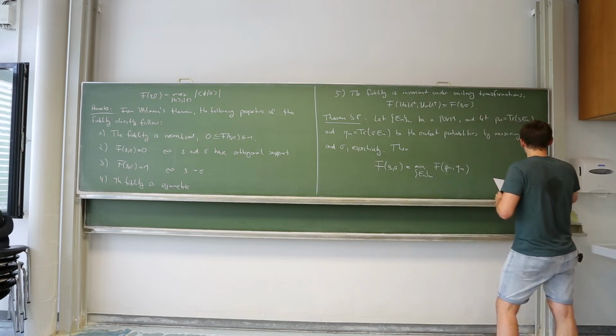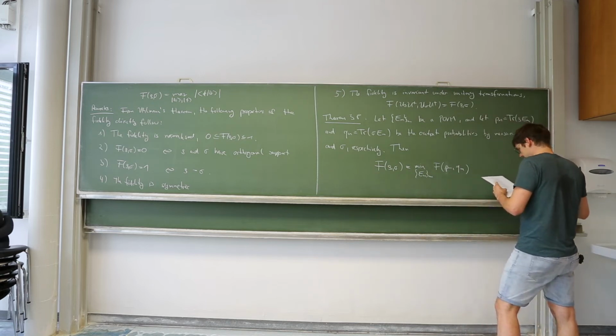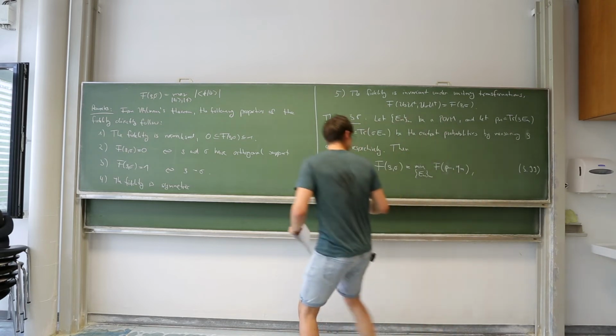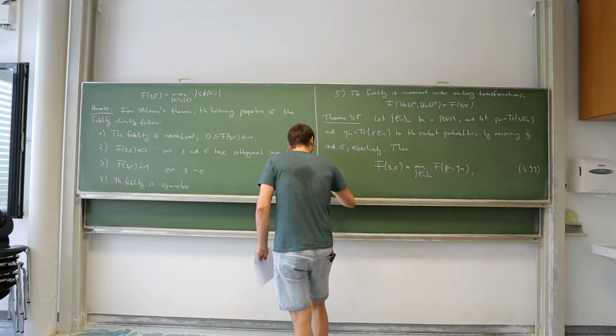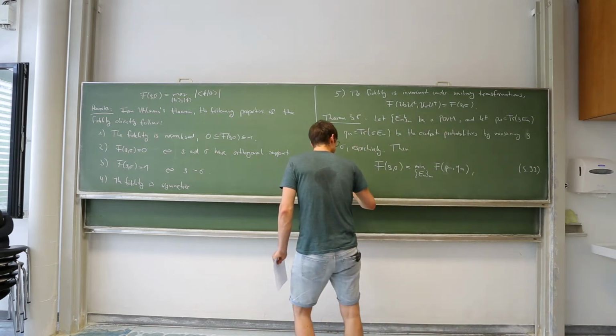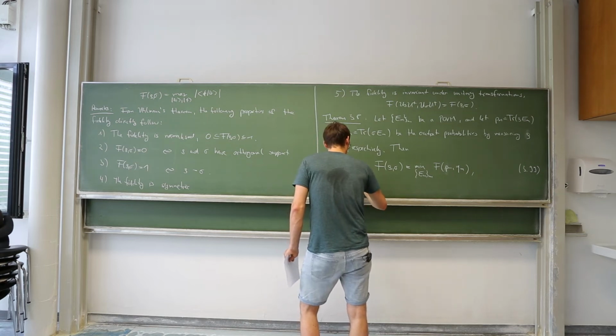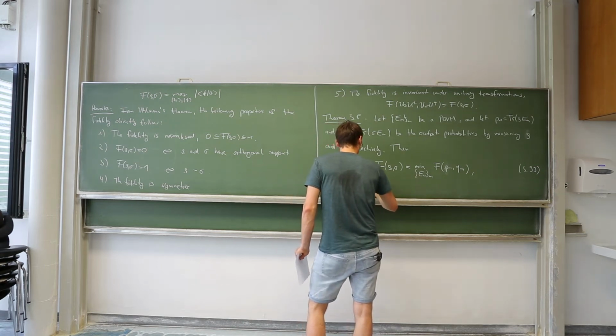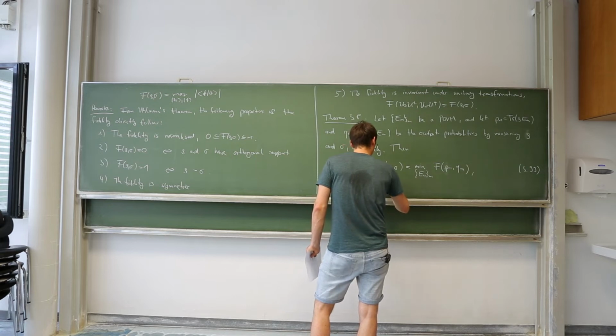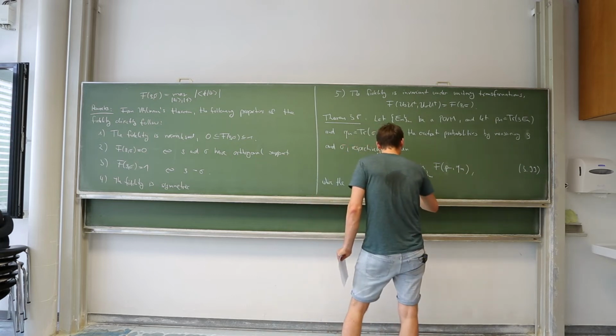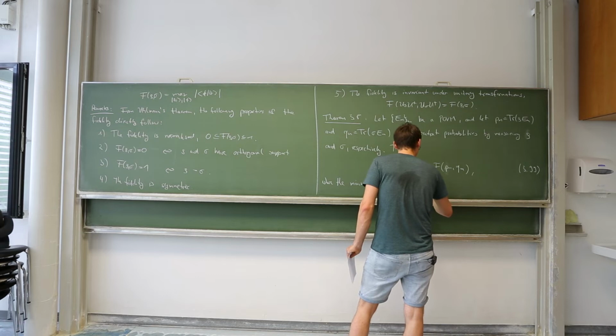So, equation 3.99, where the minimization is over all POVMs.